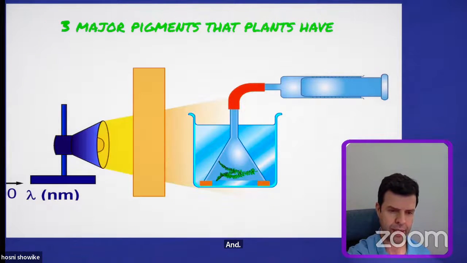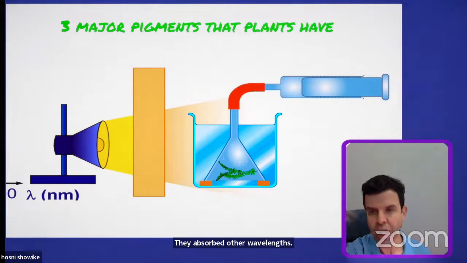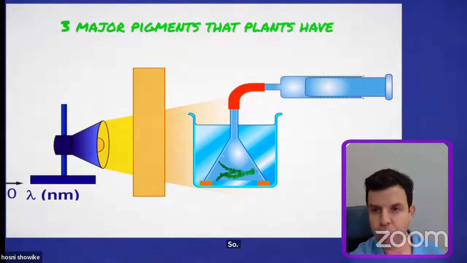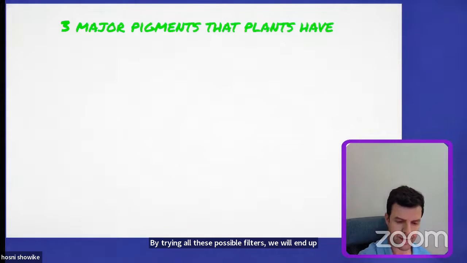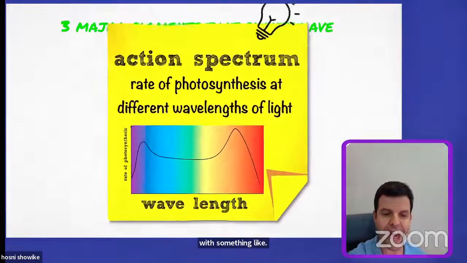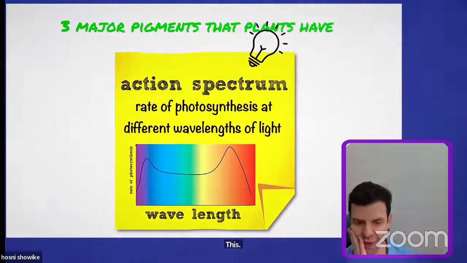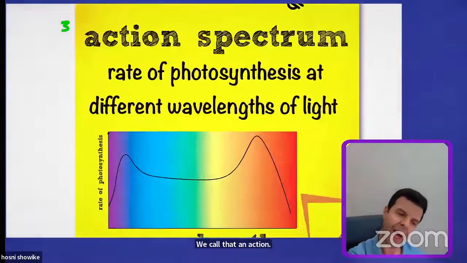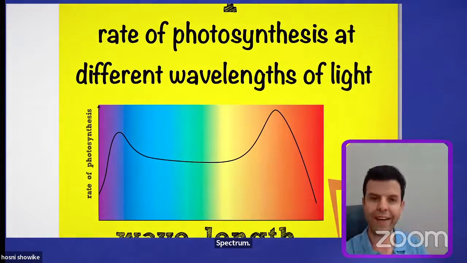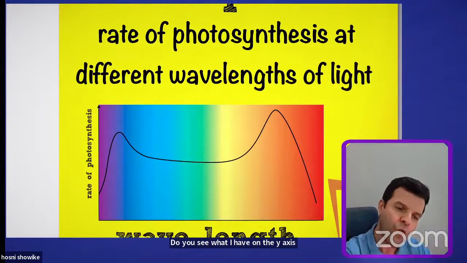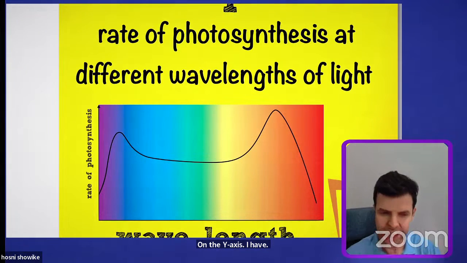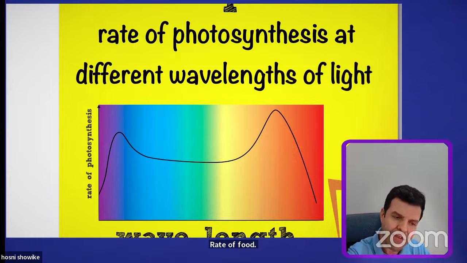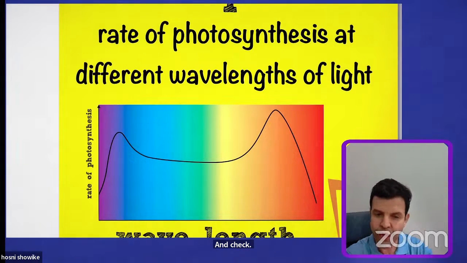Okay? So by trying all these possible filters, we will end up with something like this. We call that an action spectrum. Do you see what I have on the y-axis? On the y-axis, I have rate of photosynthesis. And check, when does the plant have a high rate of photosynthesis?